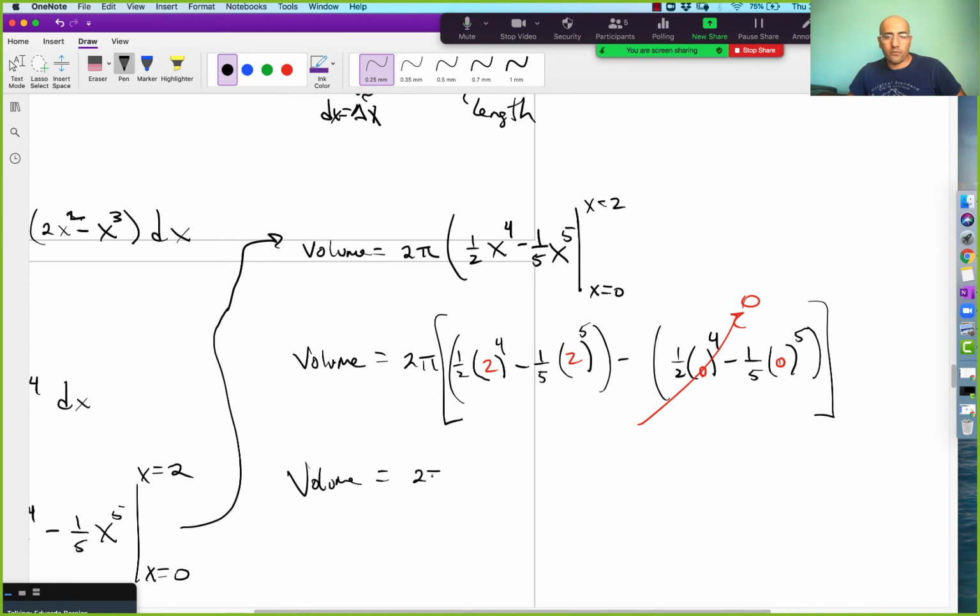volume equals 2 pi times, this will be 1/2 times 2 to the 4th power, which is 16, so that's 8, in parentheses, minus 1/5 times 2 to the 5th power, which is 32.